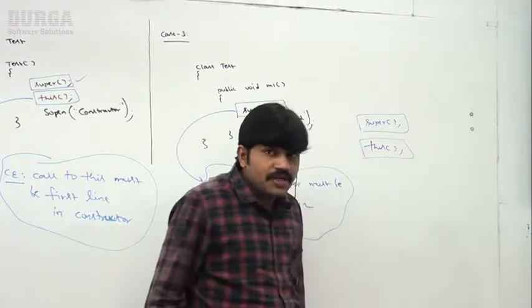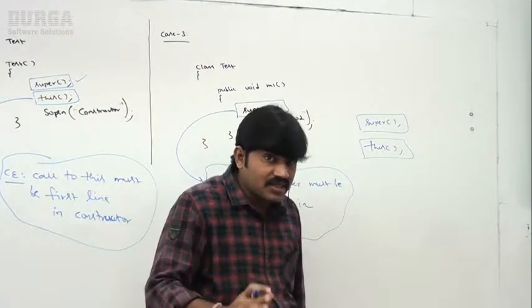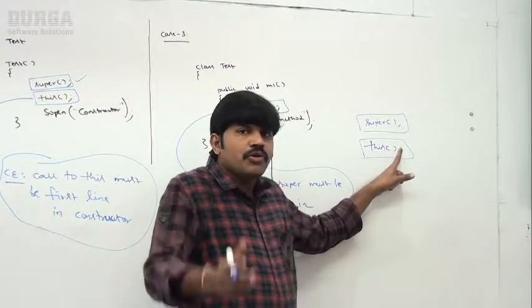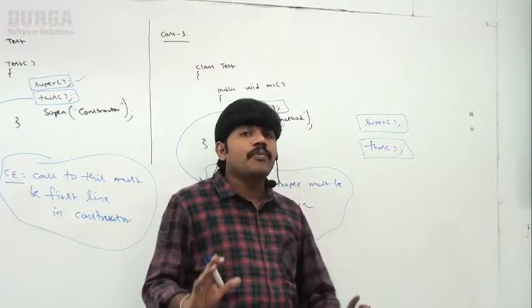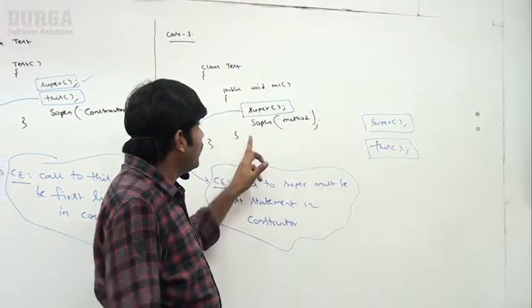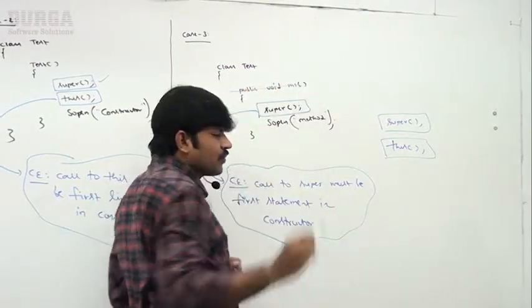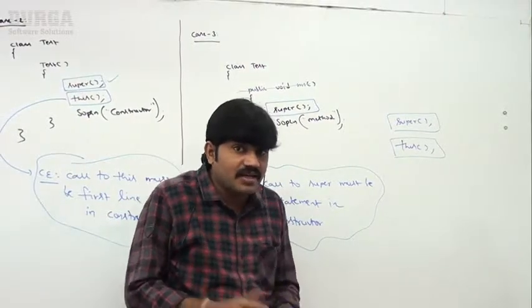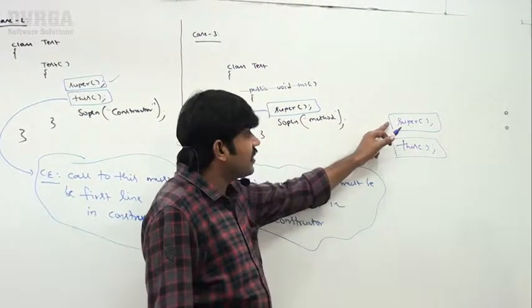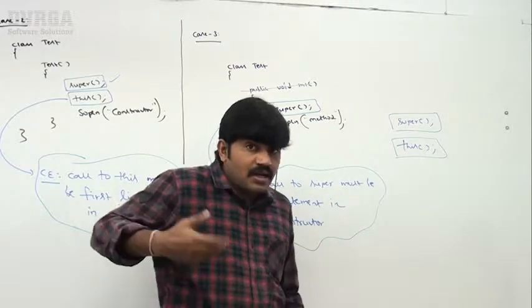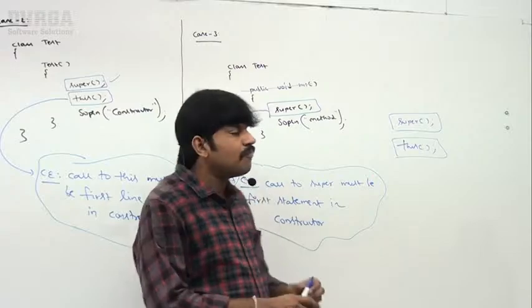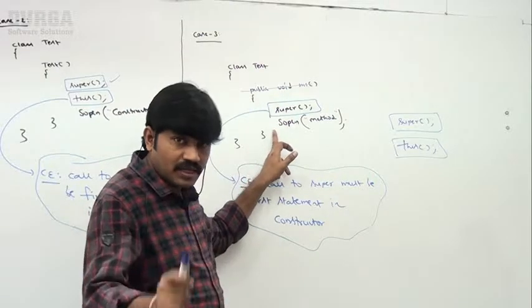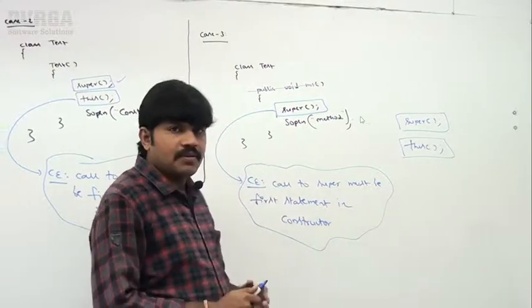So you can call a constructor directly from another constructor only, but not from a method. If you want to call a constructor directly, compulsorily you should be inside a constructor only. Otherwise, we will get a compile time error.